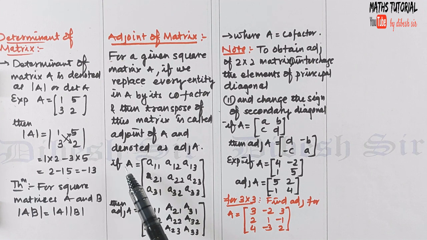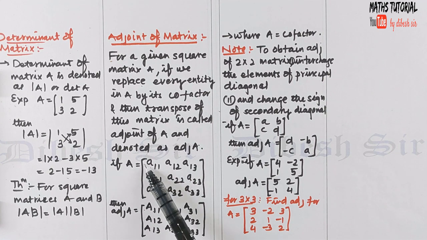For example, if A is equal to A11, A12, A13, A21, A22, A23, A31, A32, A33, its cofactors are capital A11, capital A12, capital A13, similarly.